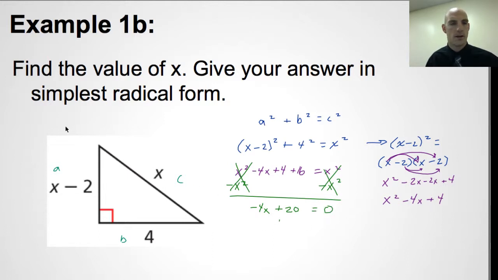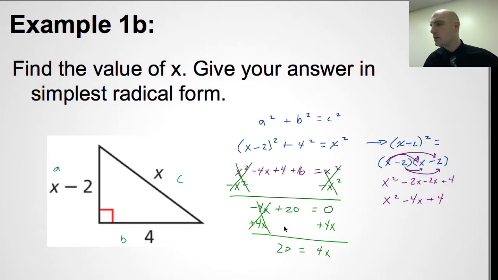I'm going to try to make my expression positive, so I'm going to add 4x to both sides, and you'll see that I end up with 20 equals 4x. So I'll end up with x equals 5.